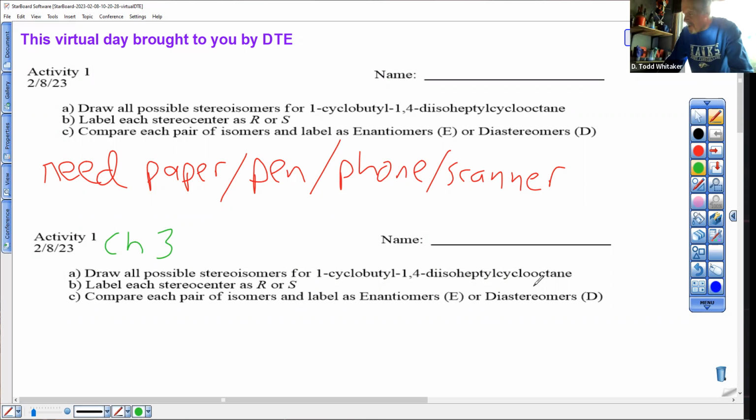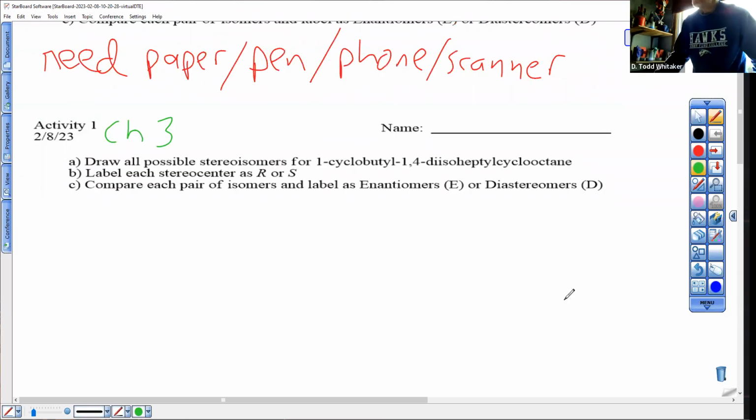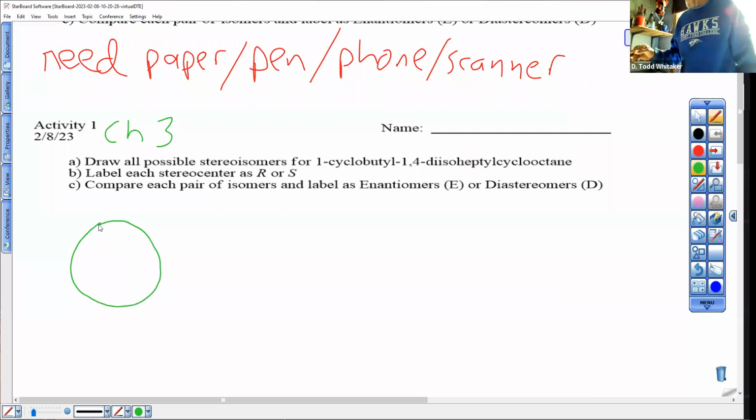So I'm going to start by drawing cyclooctane. Some of you have embraced the circle for rings that are getting a little bigger. 1, 2, 3, 4, 5, 6, 7, 8. This molecule has groups on 1 and 4.